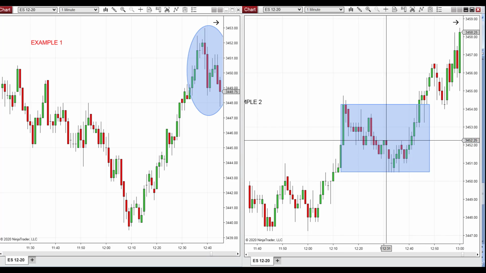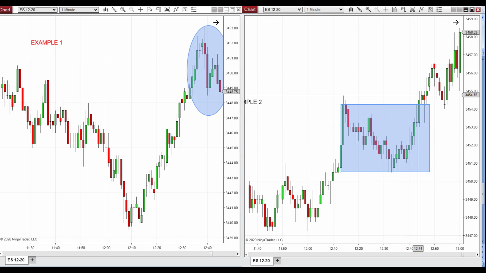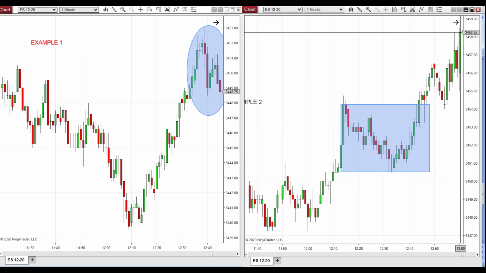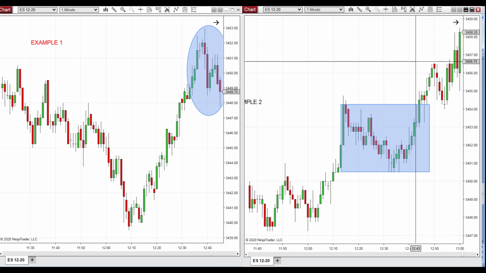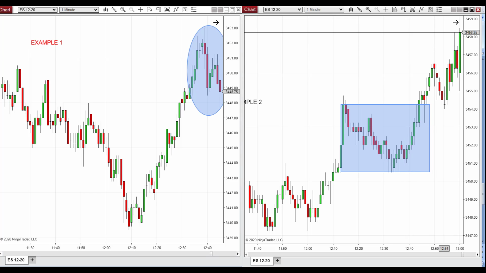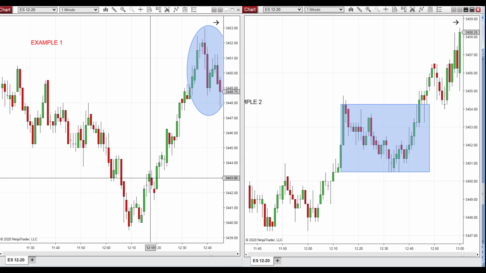So had you entered the price here, it would have gone against you a little bit. That's pretty typical. And then it moved up. That's almost, what is that, a 4-handle move, 3 ticks shy. So if you had, let's say, 5 contracts on that, you would have had a little bit shy of $1,000 on that.